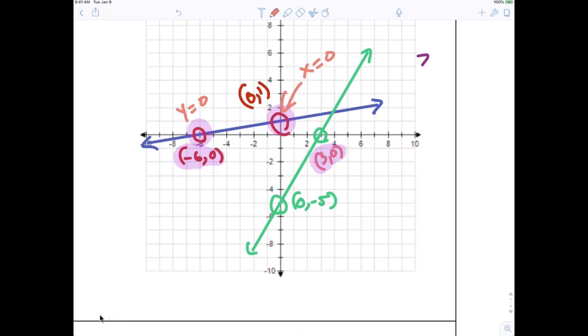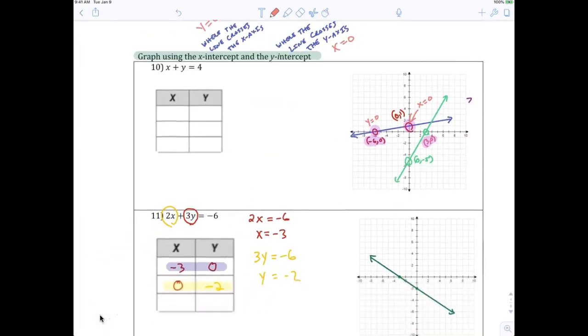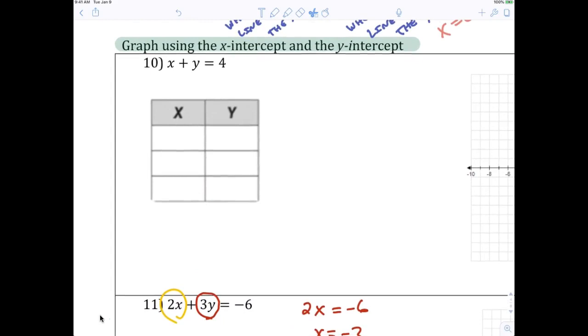So now, I'm going to go to question number 10. All right? Here we go. I want everybody to look now at number 10. Now we're going to graph this. All right? So, to find the x-intercept, what's true? How do I find the x-intercept? No, absolutely not. To find the x-intercept, the y is 0.